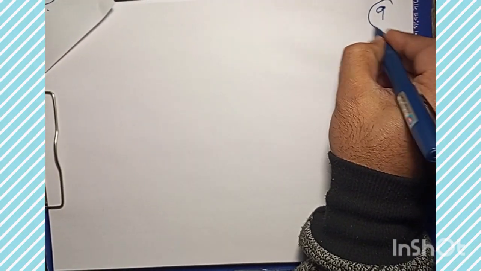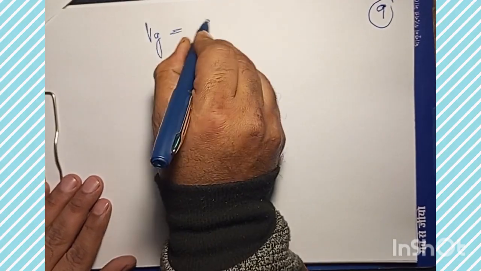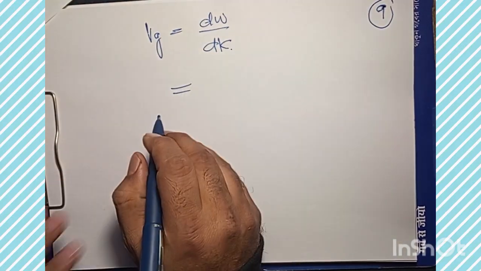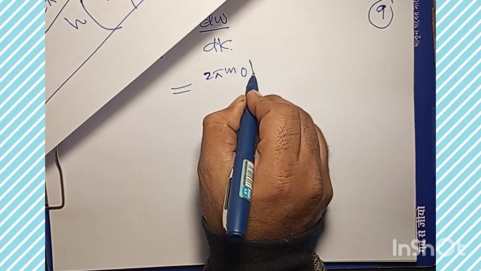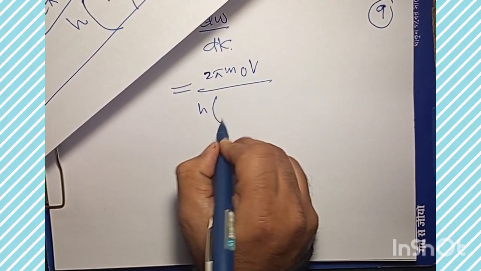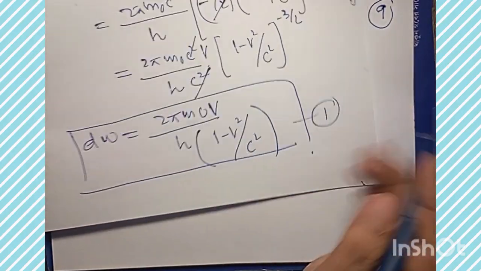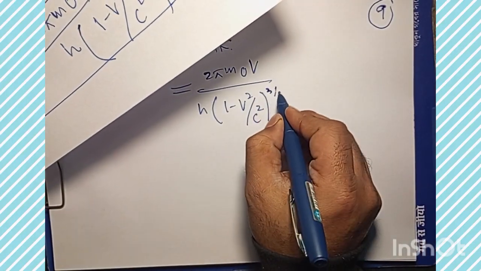It is defined as d omega by dk, and we have calculated here that d omega is 2 pi m naught v by h times (1 minus v square by c square) whole raised to the power 3 by 2.